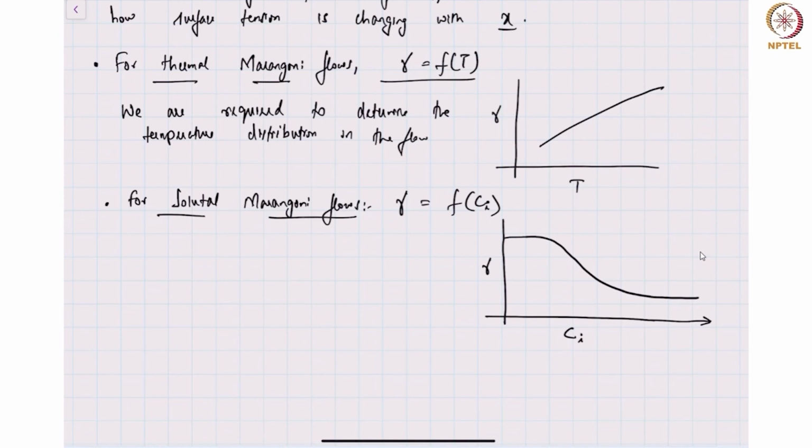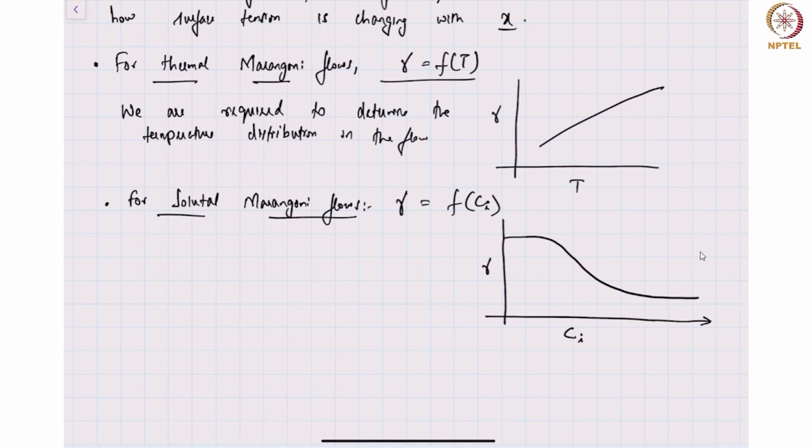There are various ways to do this. I will not be able to go into details of how this is done, but I will briefly discuss how surface tension itself is measured, and then maybe, if there's time, we'll touch upon this particular curve, something like a curve of this nature. But again, we will need to know how surfactants are evolving at the interface.